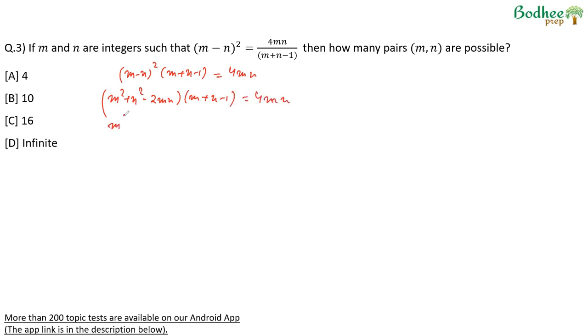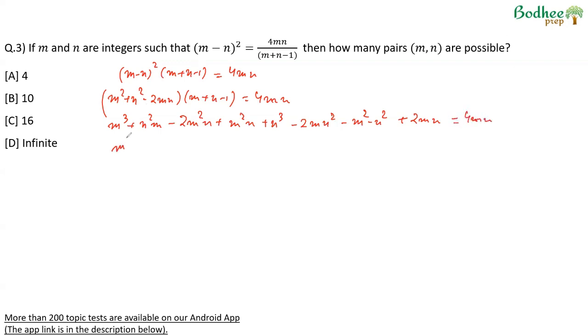This becomes m cube plus n square m minus 2m square n plus m square n plus n cube minus 2mn square minus m square minus n square plus 2mn is equal to 4mn.